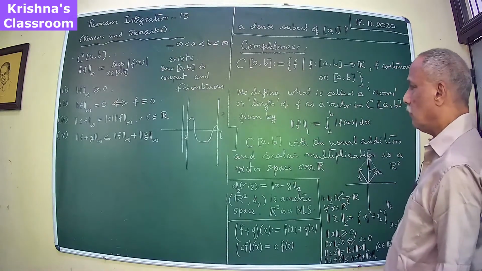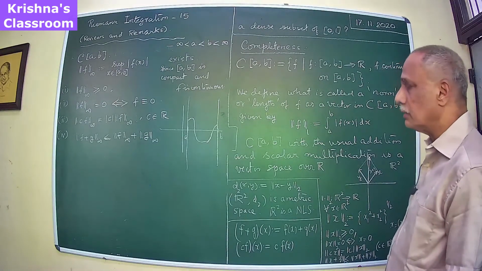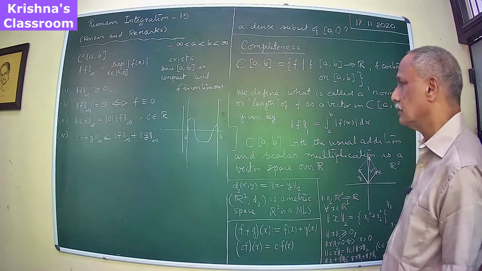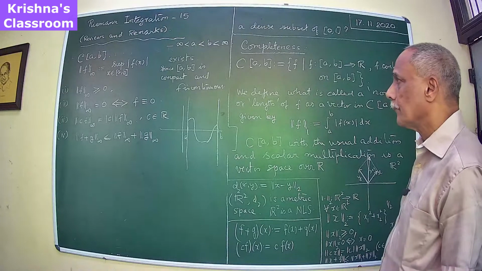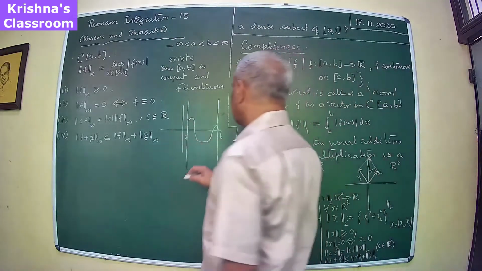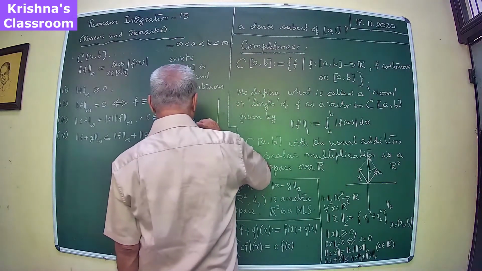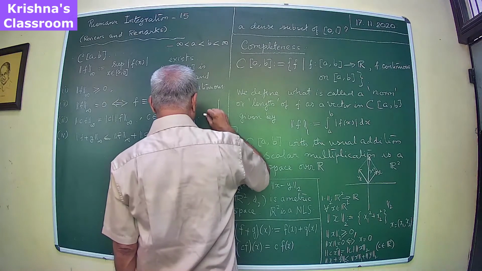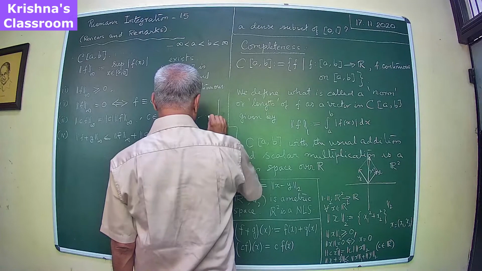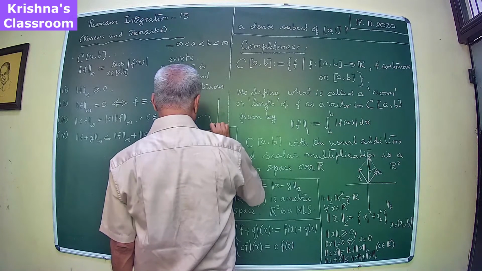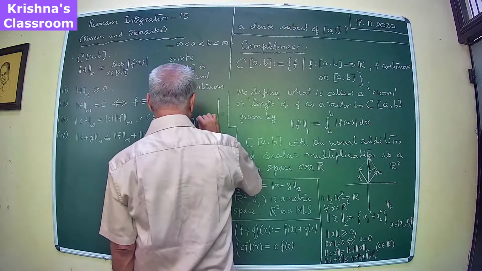Now what you call the norm is based on |f(x)|. What is |f(x)| in this case? You see that I am reflecting this back, something like this. This is the reflection of this portion.